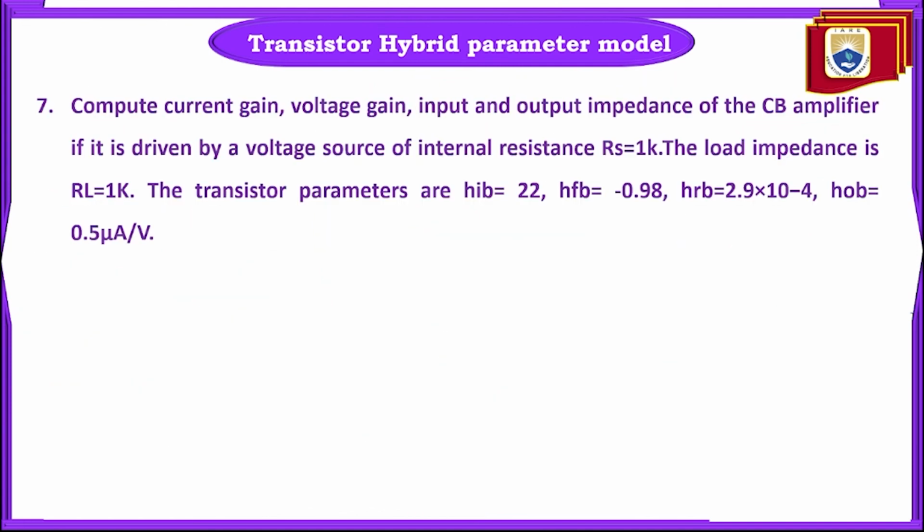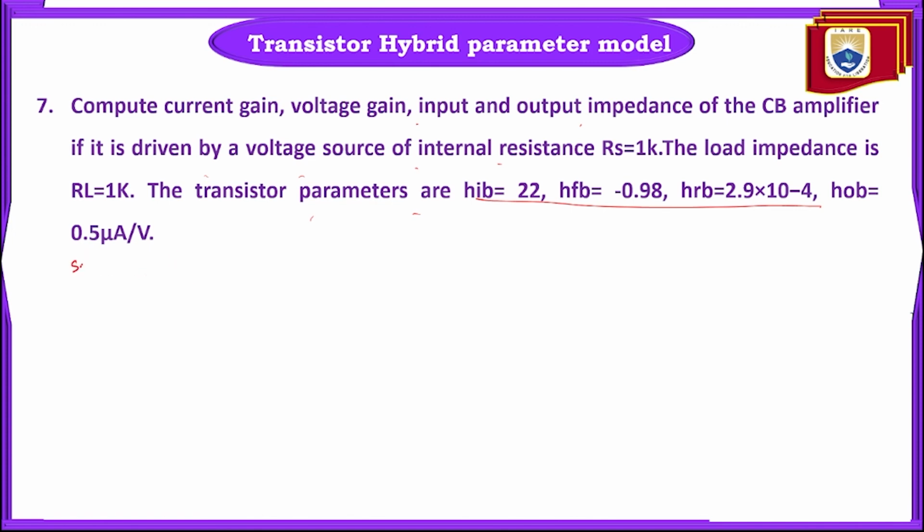Okay, so here is a problem: compute the current gain, voltage gain, and input and output impedance of the common base amplifier, if it is driven by a voltage source of internal resistance Rs and load impedance of RL. The transistor parameters are all given here. So now calculate the current gain.